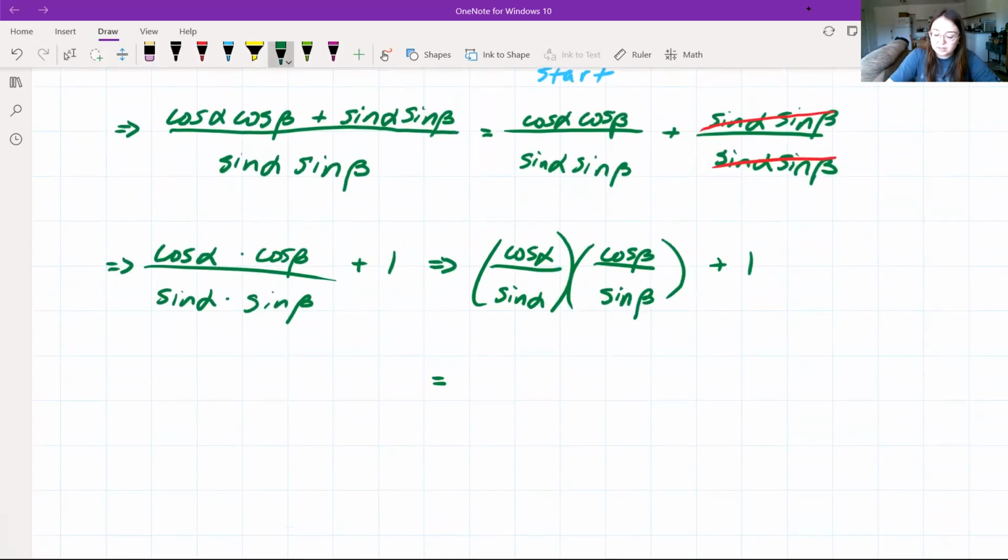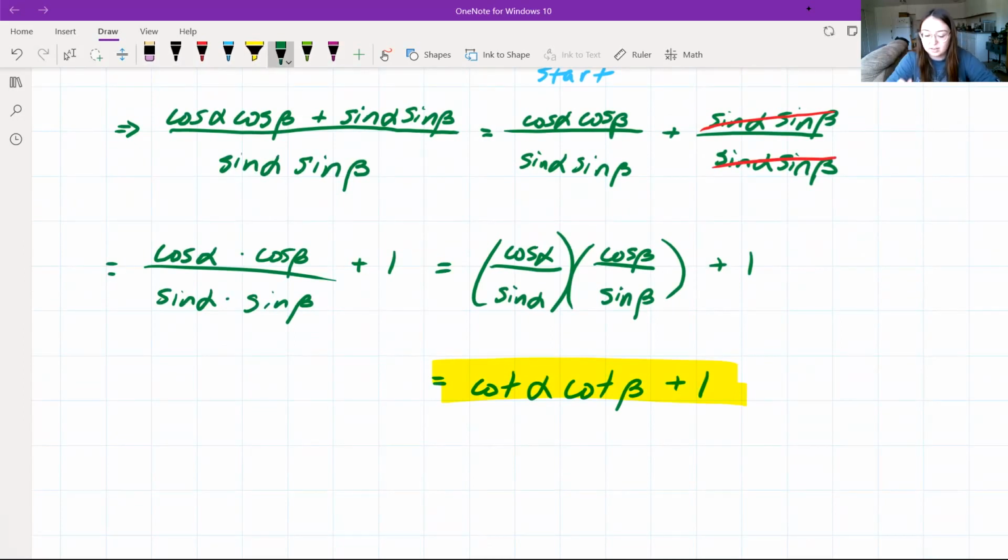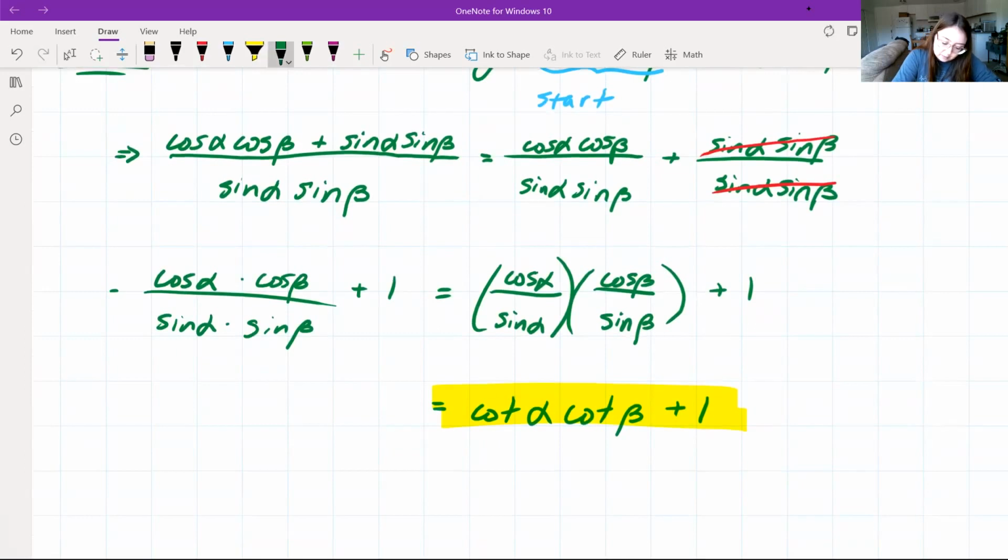And this finally is going to give us cotangent of alpha times cotangent of beta plus 1. And these could have all been equal signs as well. So we ended up with our goal, which means we've established our identity.